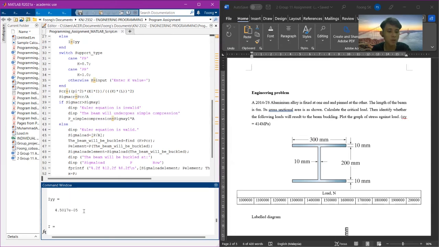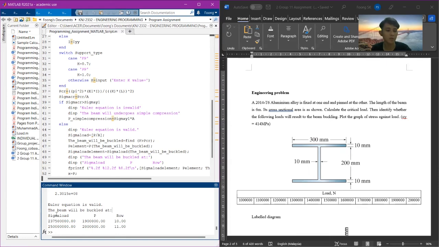It will choose the lowest moment of inertia, then the critical load and critical stress are calculated using the moment of inertia.